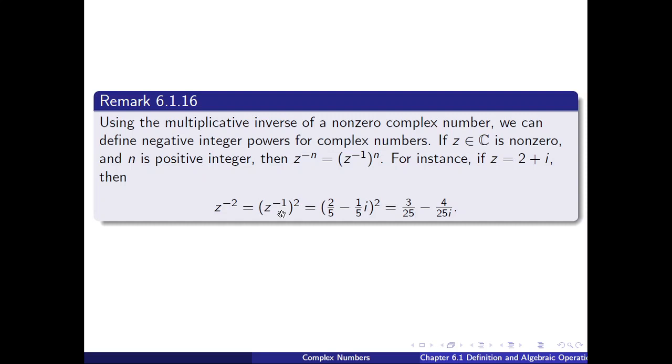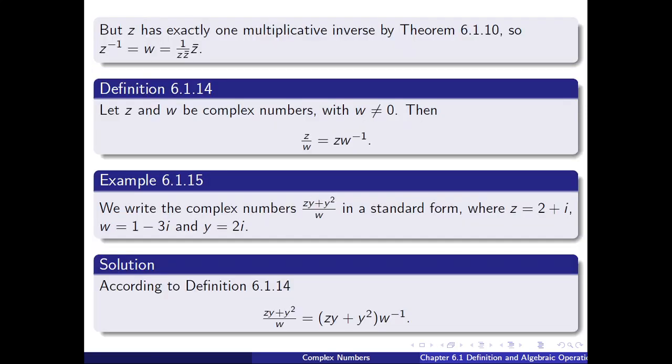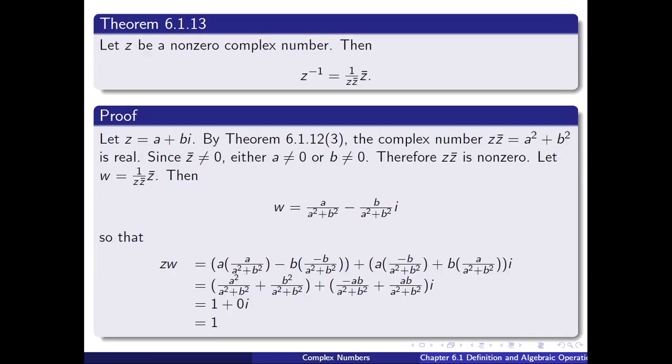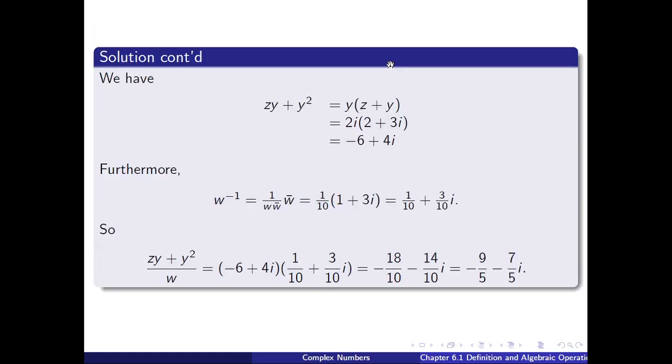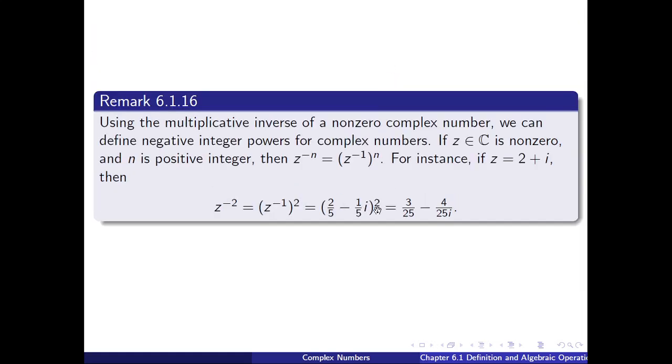We start by finding the inverse of z, for which we employ Theorem 6.1.13 to find the inverse first, and from there we multiply z inverse by itself, and then we get that. So that's how we can work with negative integer powers of complex numbers.